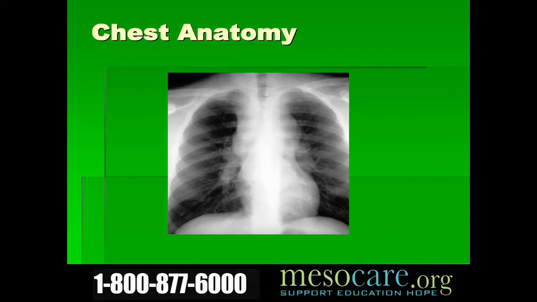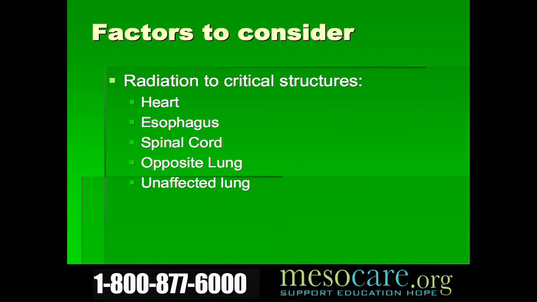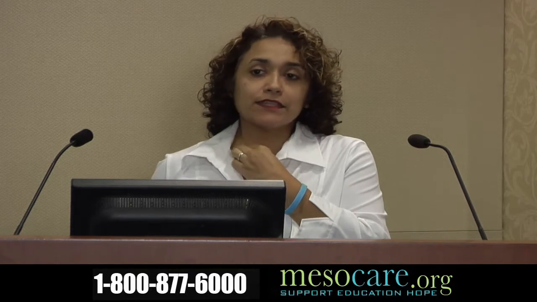And if mesothelioma was involved, we would just aim a beam of radiation at that and not really be able to consider what else is there, which is your heart, the lungs that are not affected by the cancer, your esophagus, which courses through this area, or your spinal cord, which also courses through this area. So years ago, and not so long ago, probably 1990s, 1995, that's how radiation was given.